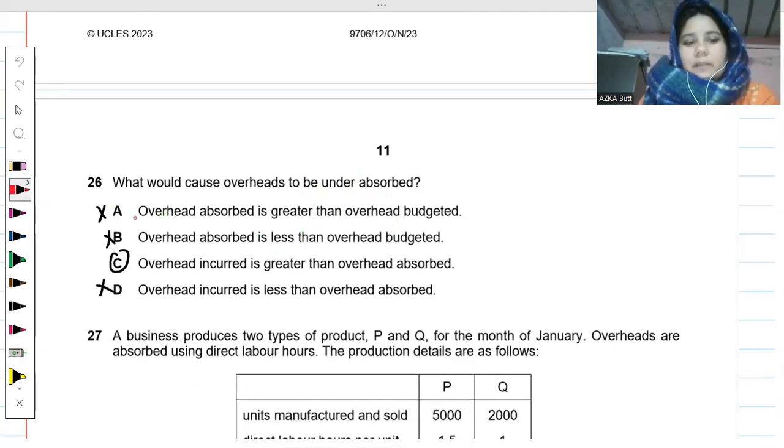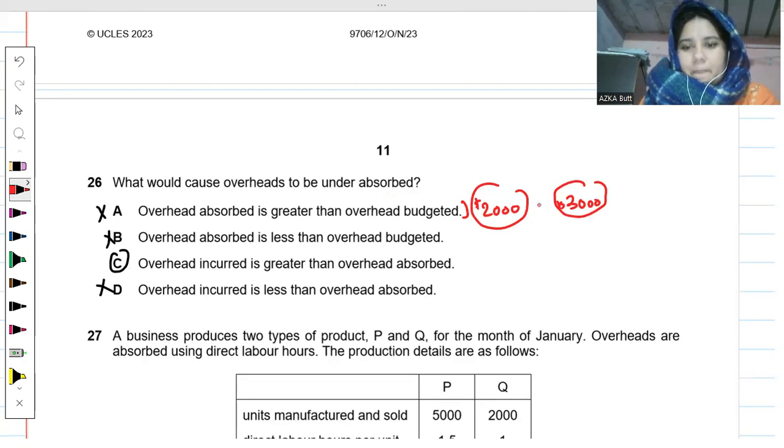So in option A, overhead absorbed is greater than overhead budgeted. It means that if the overhead budgeted is 2,000, but the actual overhead absorbed is greater, maybe $3,000, then this is the actual and this is the budgeted. So overhead absorbed is greater than the overhead budgeted.